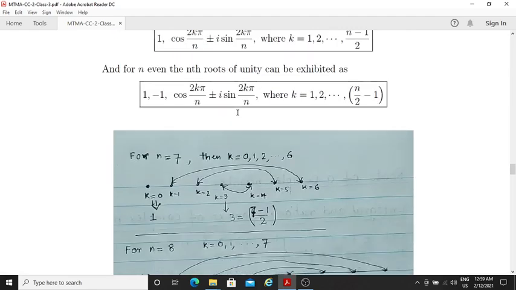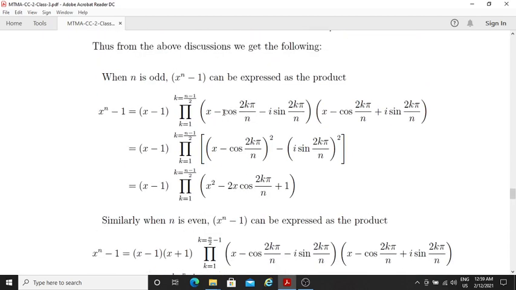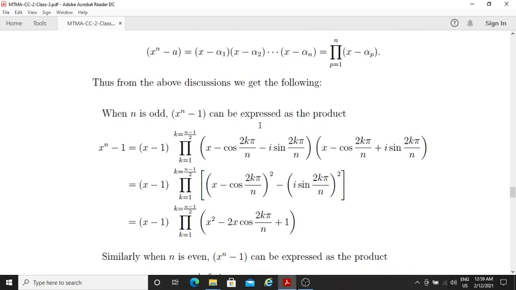They are the other roots, so we will simply write them down in the product fashion. Just get familiar with this. If you keep on putting k from 1 to this, you will get all the factors. So this is merely the plus one, and this is the conjugate one. The plus thing is cos 2kπ/n plus i sin 2kπ/n, and x minus that; this is the minus thing that has become plus over here.